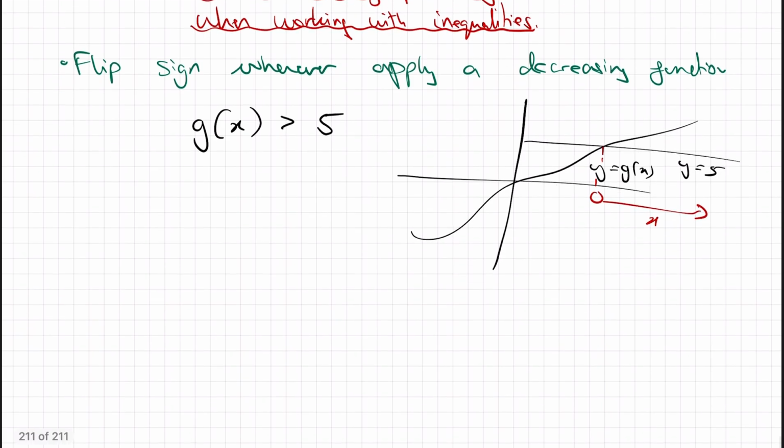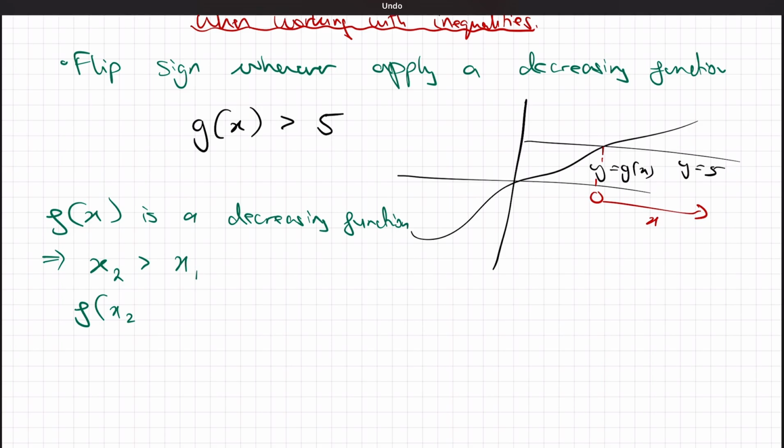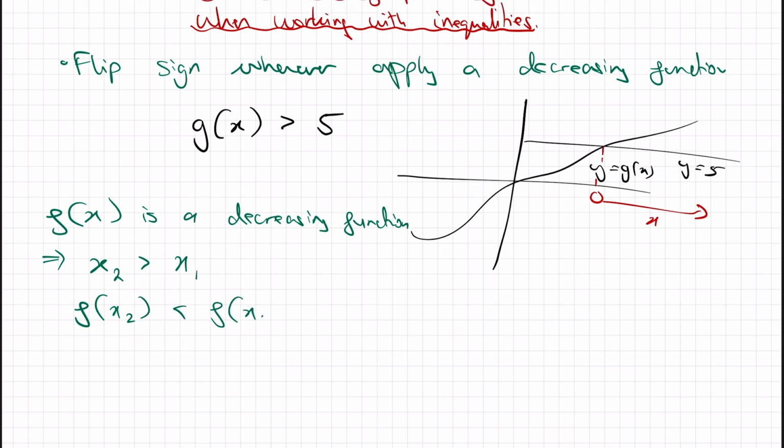So if you think about it algebraically, let's just say f of x is a decreasing function. What this means is if we have two x coordinates, x2 is greater than x1, f of x2 is going to be less than f of x1.